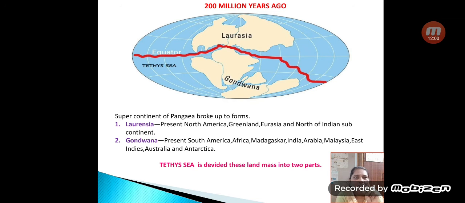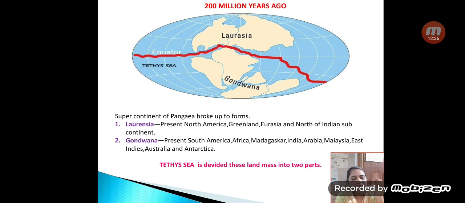Next, what continents are present in Laurasia? North America, Greenland, which is an island, and Eurasia, meaning present Russia and the north side of the Indian subcontinent. These come in the Laurasia landmass.